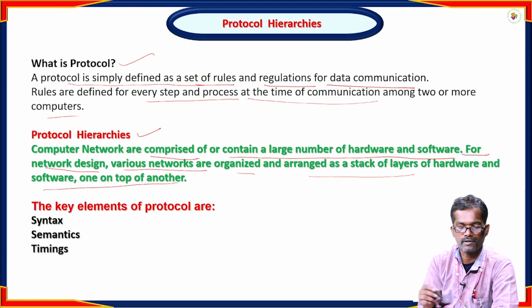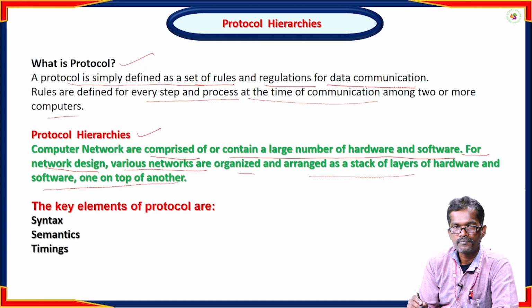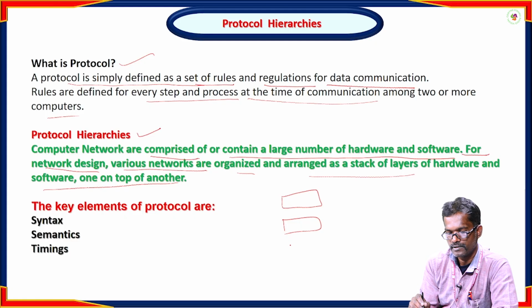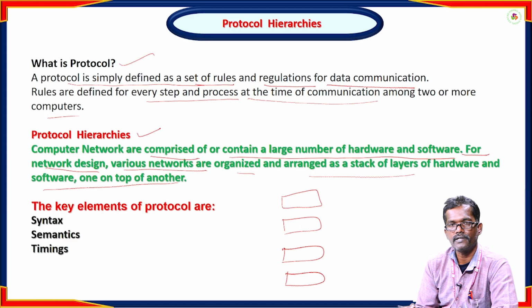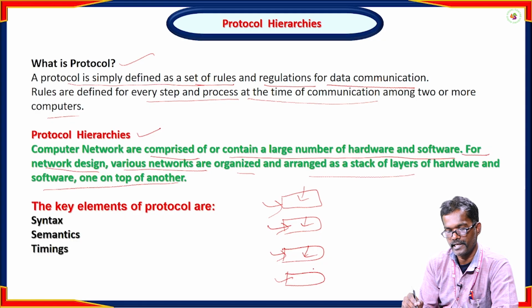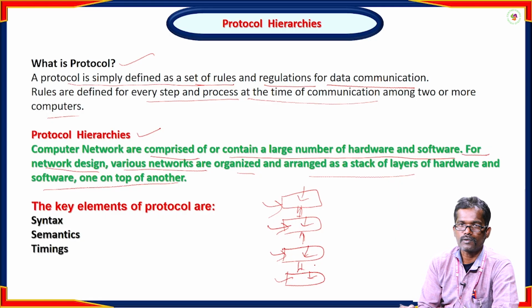Suppose we take 4 layers. Each layer has some set of rules of its own, with its own hardware and software components. All of these need to be integrated with each other, and one-to-one communication should happen. This is the protocol hierarchies.